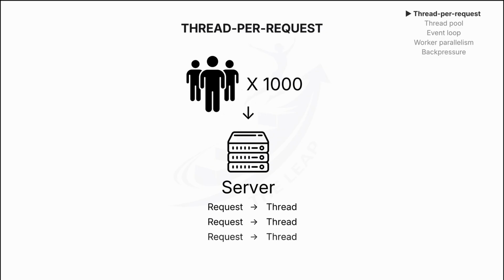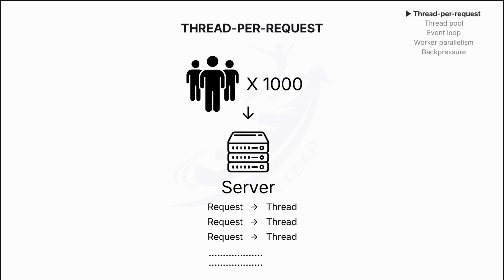Now imagine 1,000 users arrive at the same moment. If the server follows the same model, it now needs to create 1,000 threads. And this is where hidden cost appears. Threads are not free. Each thread reserves memory for its stack, the memory used to store function calls and local variables while the thread executes.